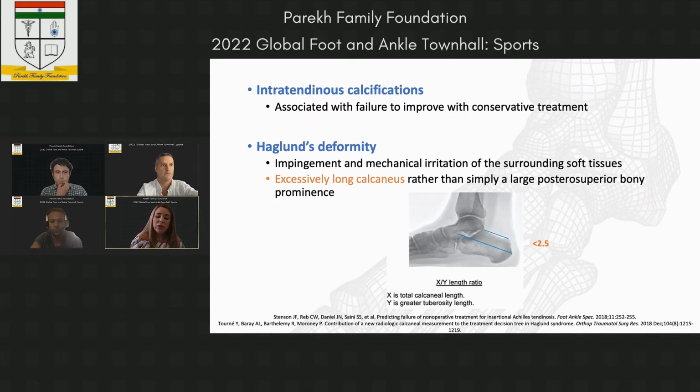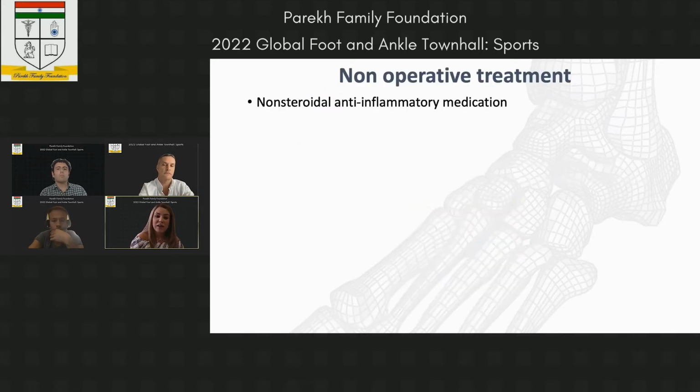What they do is they take the XY length ratio, where X is the total calcaneal length and Y is the greater tuberosity length. So patients who have a ratio less than 2.5 are positive for Haglund syndrome. What they're seeing with this type of measurement is that it's not necessarily a large posterior superior prominence, but more an excessively long calcaneus that causes the impingement against the Achilles tendon.